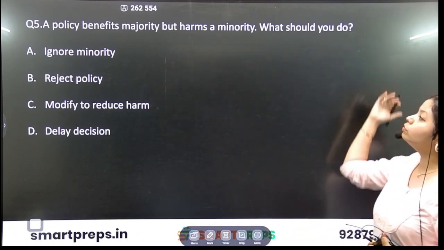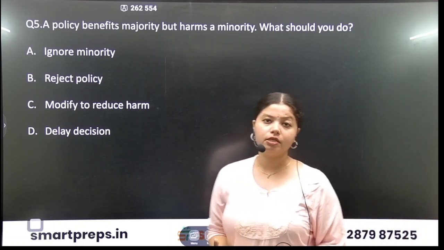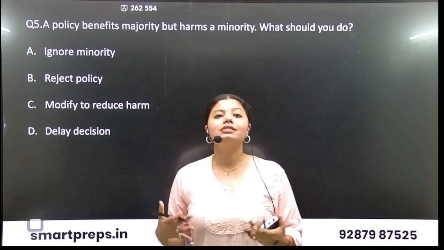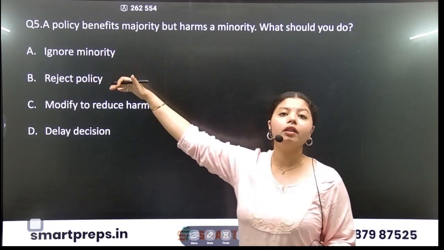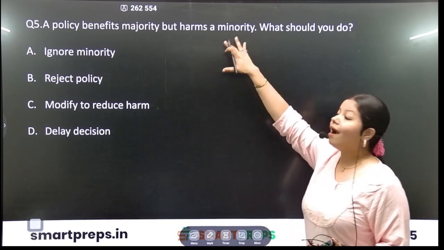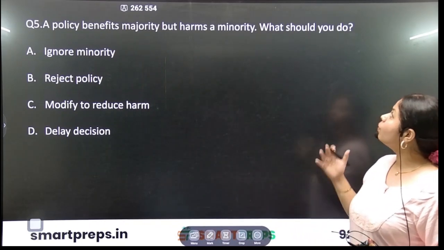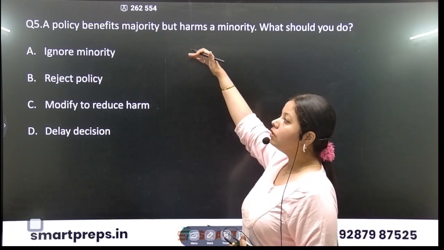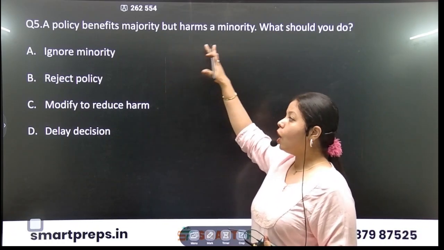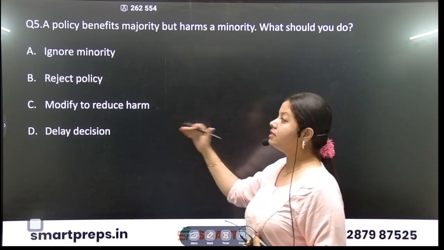What should you do? You are implementing a policy of the government. Now you have discovered that this policy is benefiting the majority of the people but also harming the minority communities. What should you do now? You will ignore the minorities, reject the policy, modify it to reduce the harm, or delay the decision.